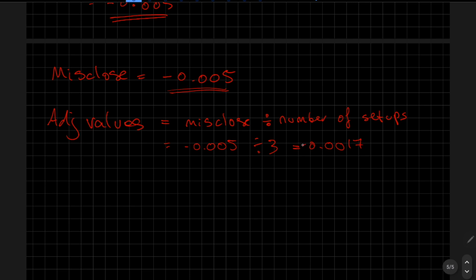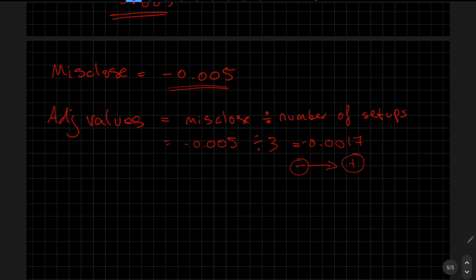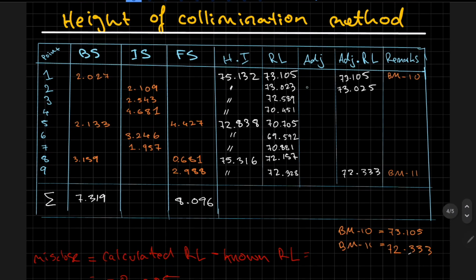Okay, that's negative. Another thing with the adjustment values is that if your value is negative, then you are actually going to add it to the reduced levels. So we are not going to put the negative sign here. We are just going to put 0.0017.